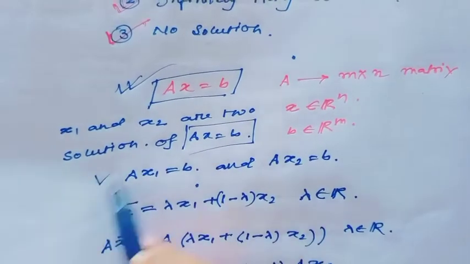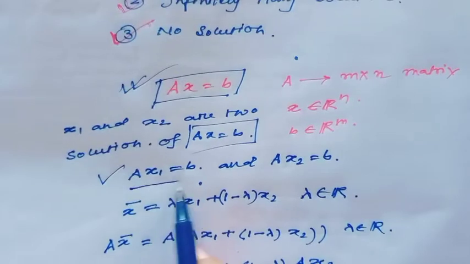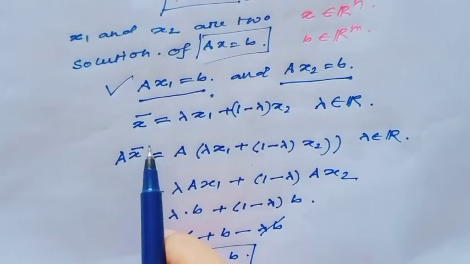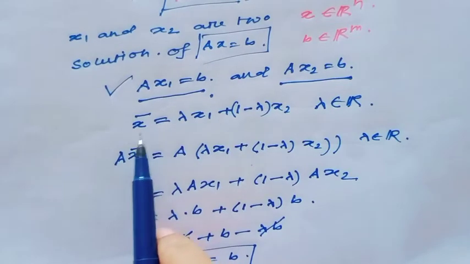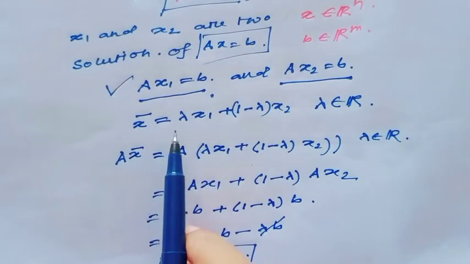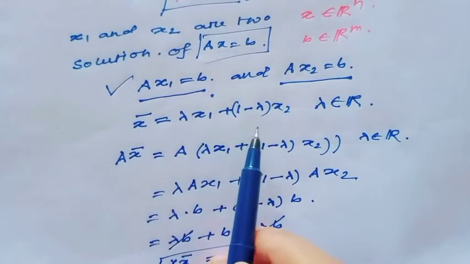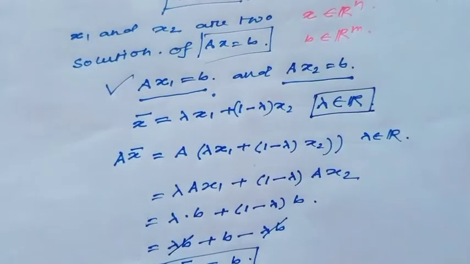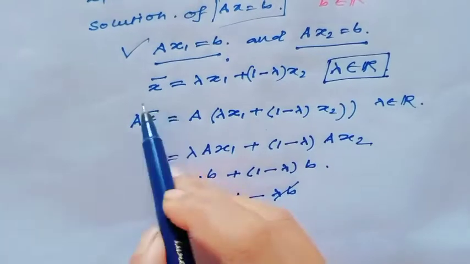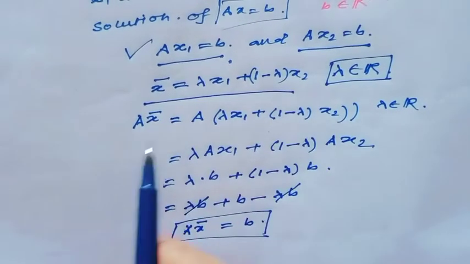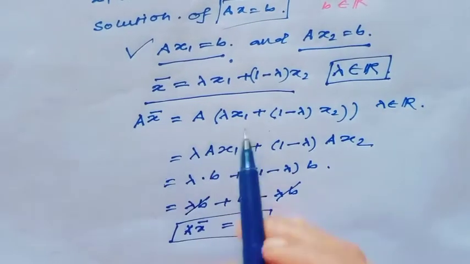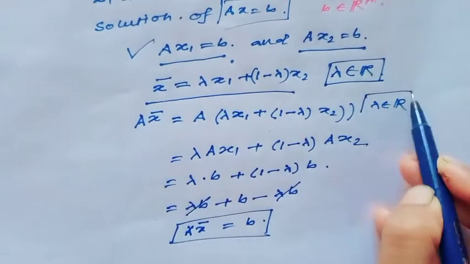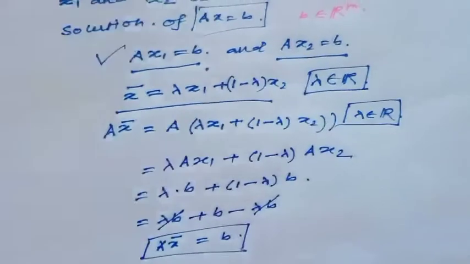Then Ax1 = b and Ax2 = b. Now we can write x bar = lambda x1 + (1 - lambda) x2, where lambda belongs to the real numbers. Now multiply by A, then A x bar would be A times (lambda x1 + (1 - lambda) x2).